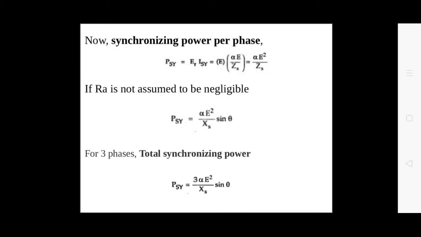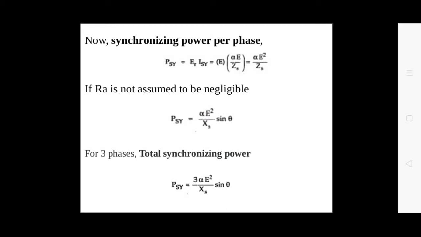Now the synchronizing power per phase PSY equal to E into ISY, which is equal to E into alpha E by ZS, that is equal to alpha E square by ZS.